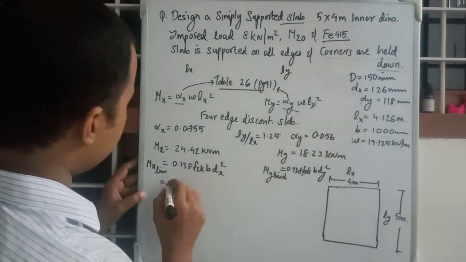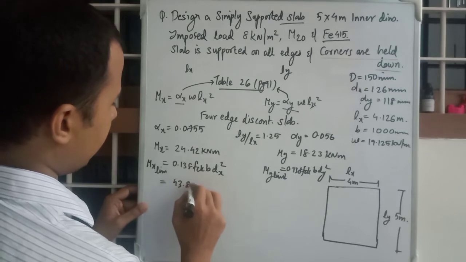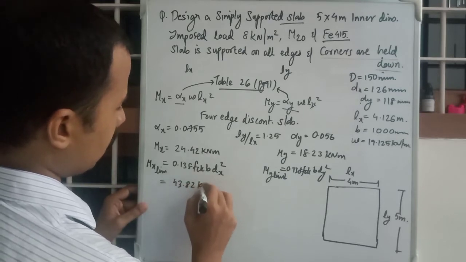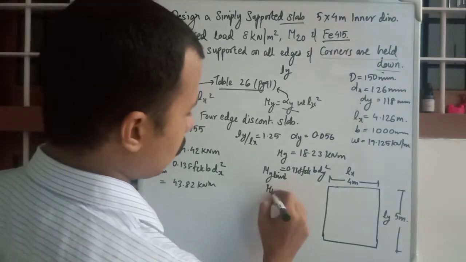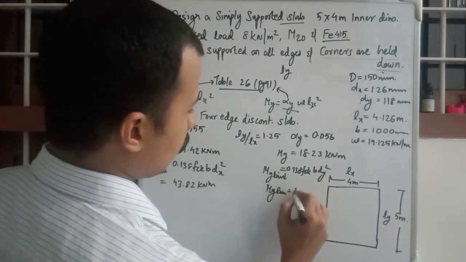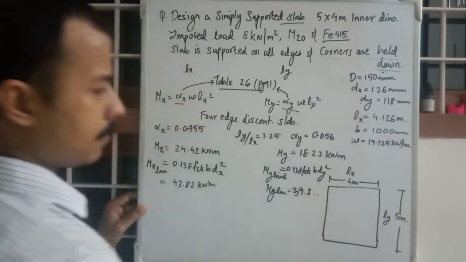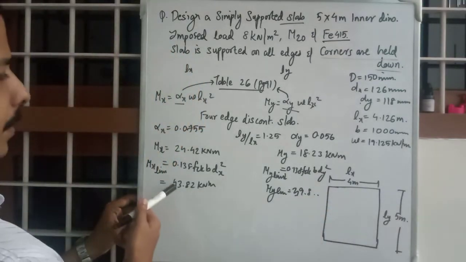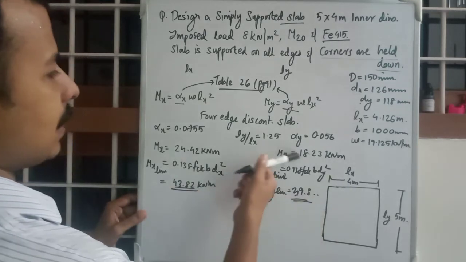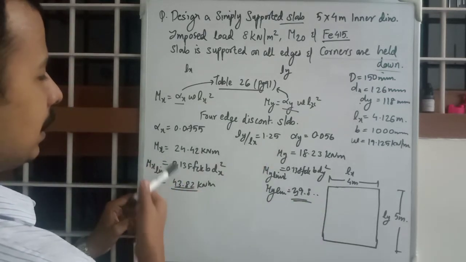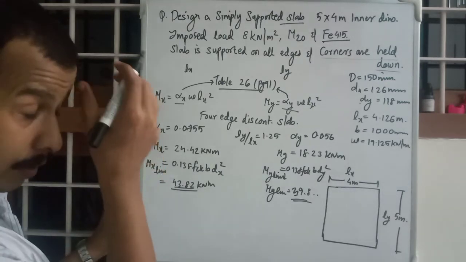Okay, so you will get Mx limit as 43.82 kilonewton meter and My limit as 39.8 something.